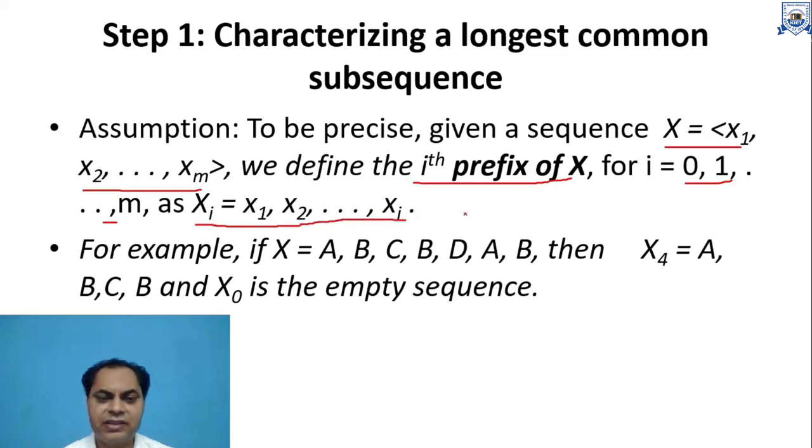That means the first i characters of X form the prefix of X. For example, if X is a, b, c, b, d, a, b, then X4 would be a, b, c, b, and X0 would be the empty string, or we can say epsilon.